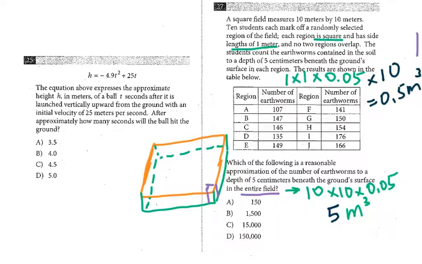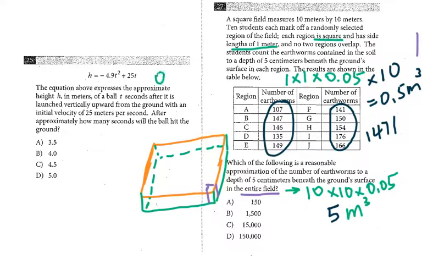So we need to add all this together to get in those 0.5 cubic meters how many earthworms there are. When you add all this together, it will be 1471. Then we do the ratio for this.